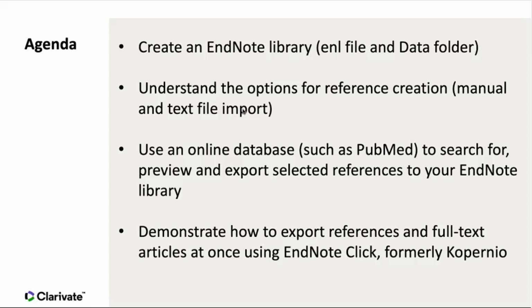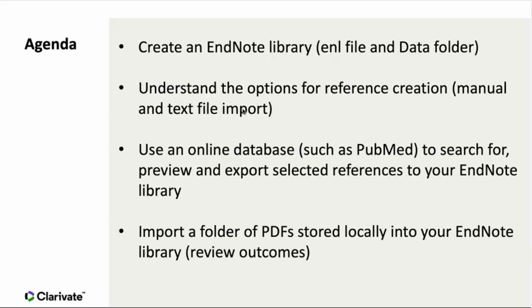If you're affiliated with a university, you'll probably have subscription to some paid databases, and again, with EndNote Click, you can use your institutional affiliation to access subscription resources as well to quickly download a PDF and an accompanying reference to your EndNote library. And again, we'll see that in action quickly today.